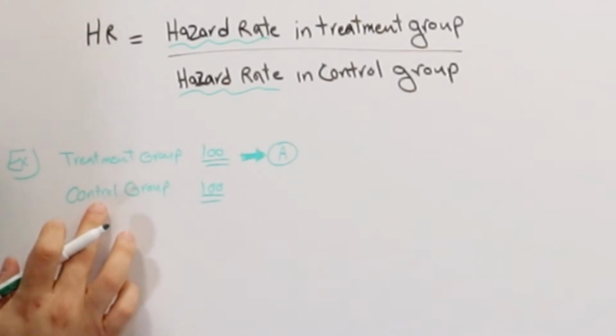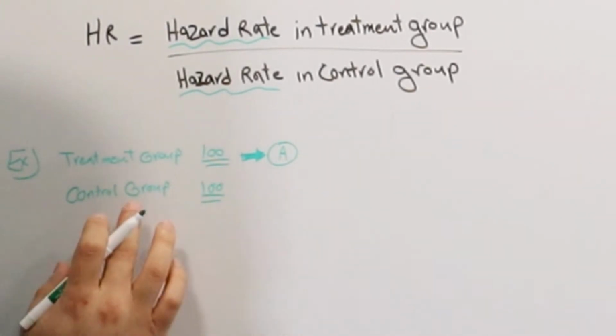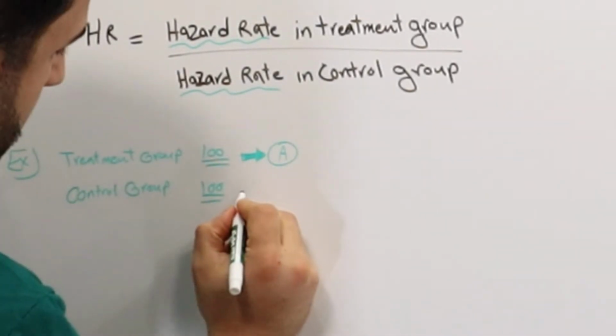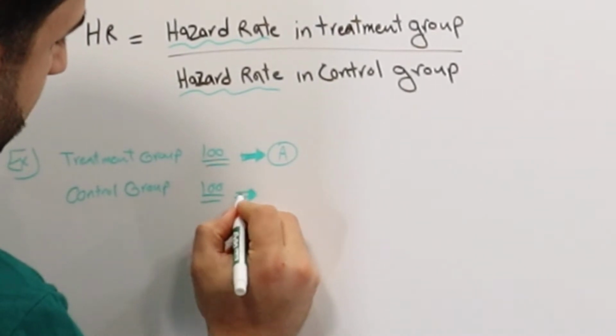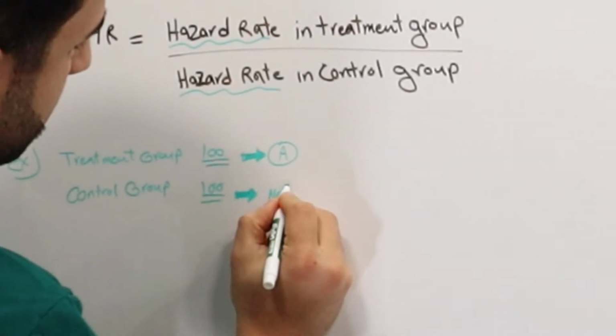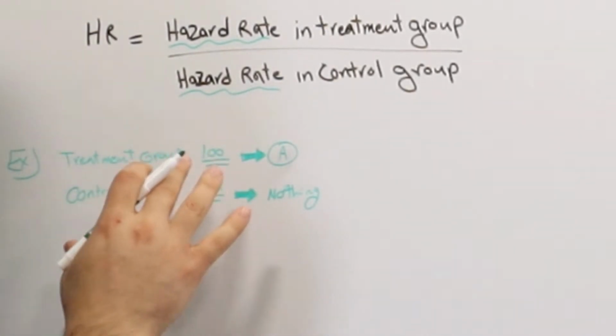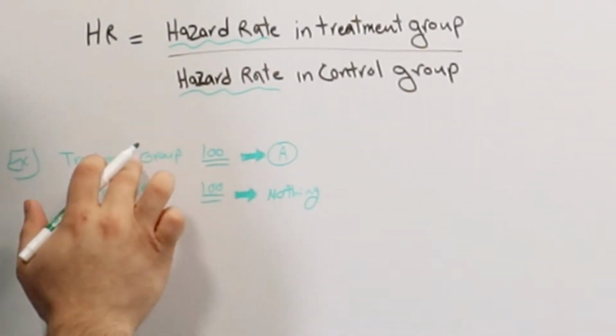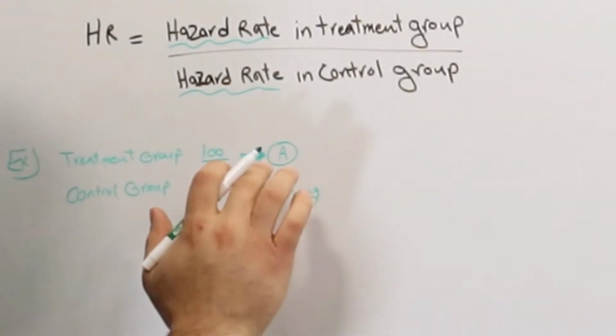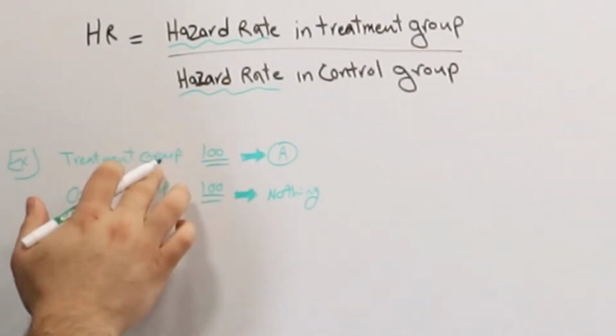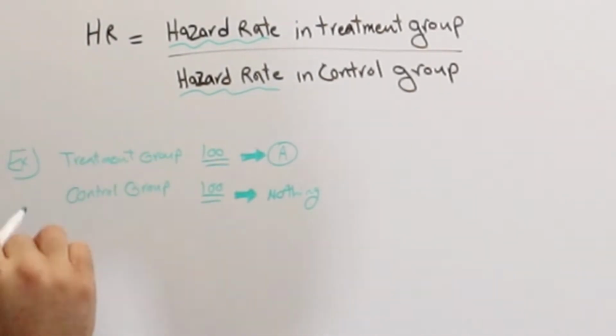And in the control group, these people received nothing. That's why it's a control. So they did not receive anything. The reason we gave medication to these people is to see if medication A is going to help with the medical illness they're having.